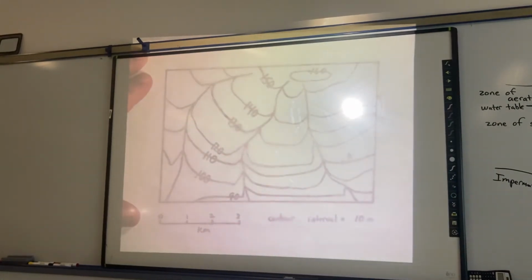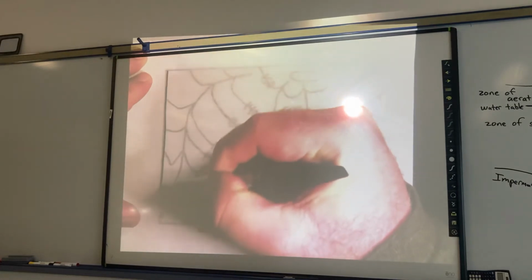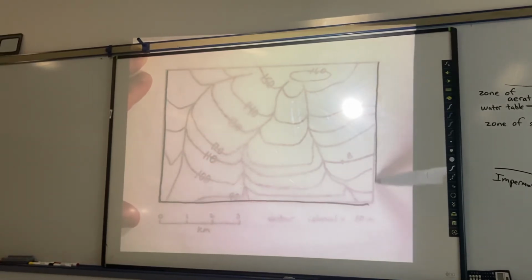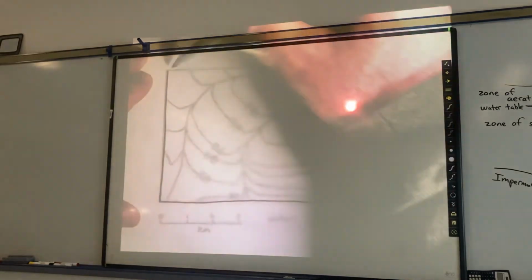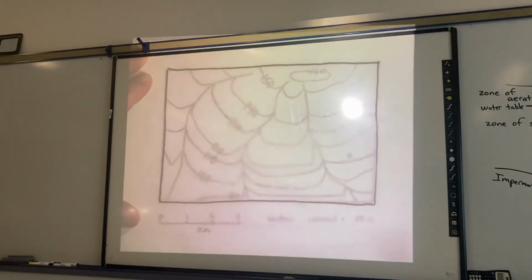And what I want to do is trace the outline of the map as such. So this is the map area right here.